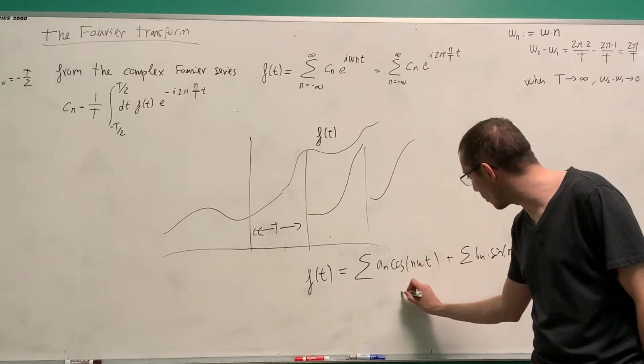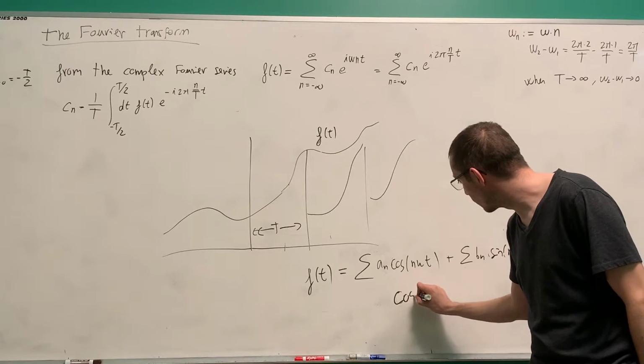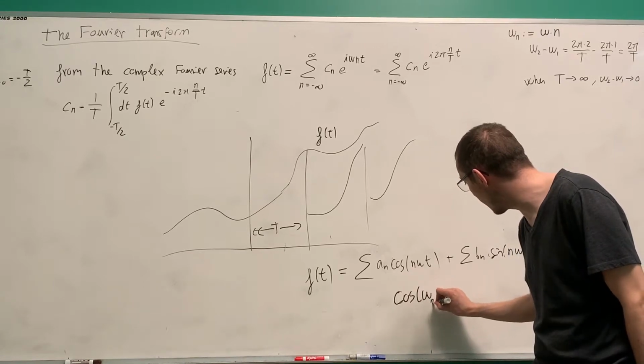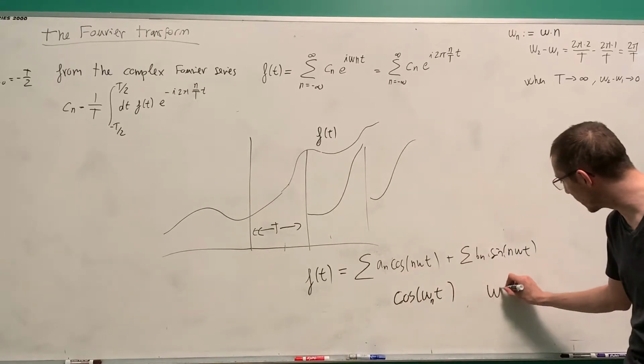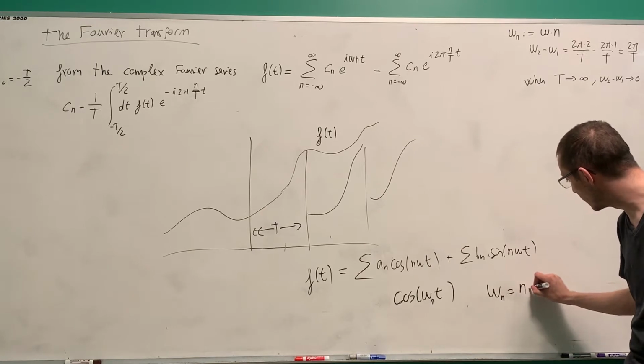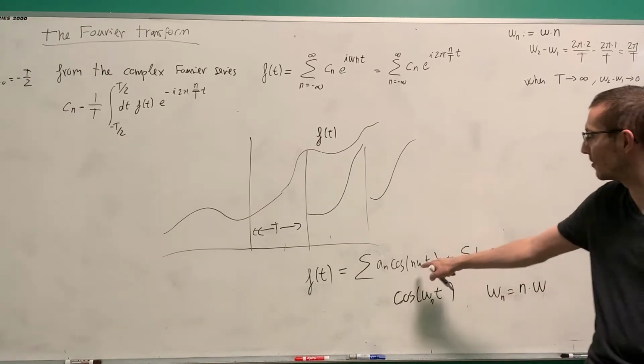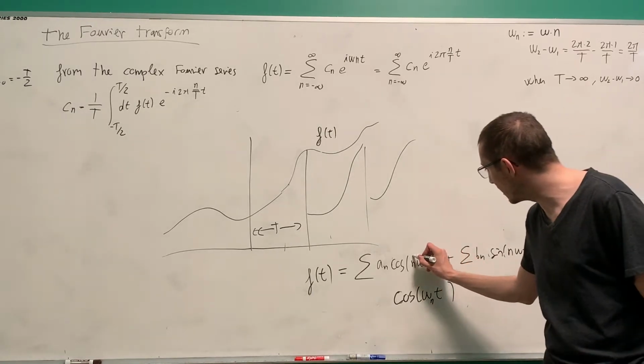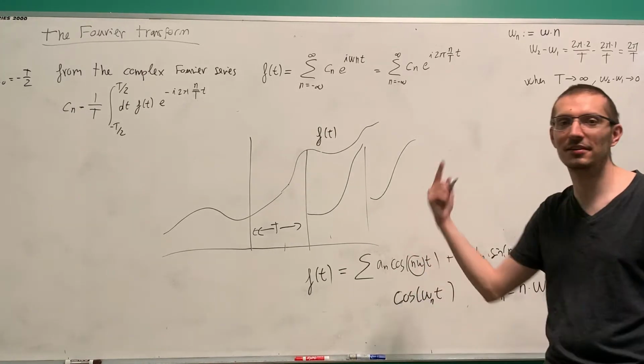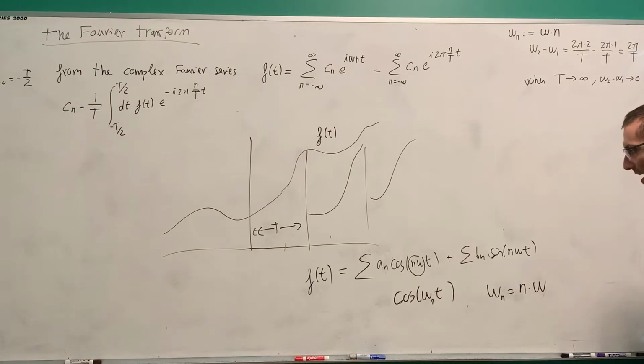And each of those cosines oscillates with a frequency omega sub n, where omega sub n is n times omega. So there's a basic frequency omega, and then higher summands in here oscillate with higher values of omega. That's what I call omega n.